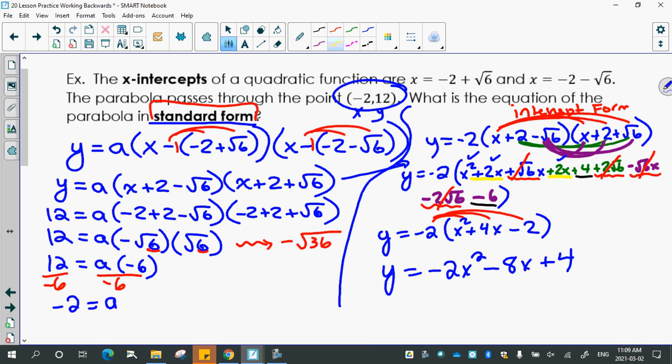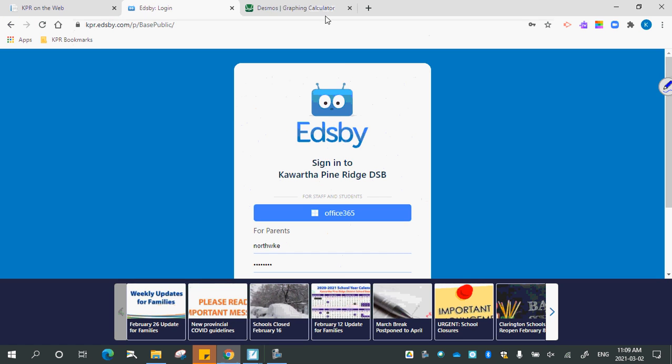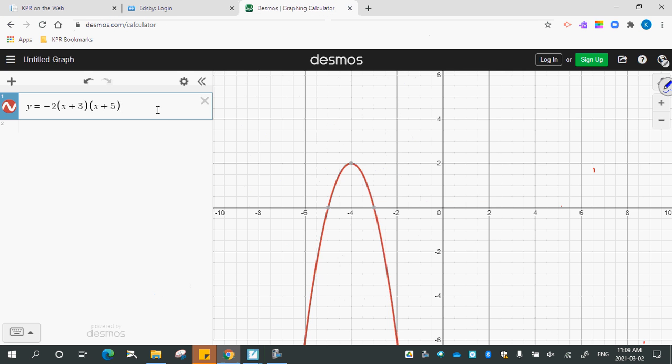All right, so if we go to Desmos, we can see what these parabolas look like.